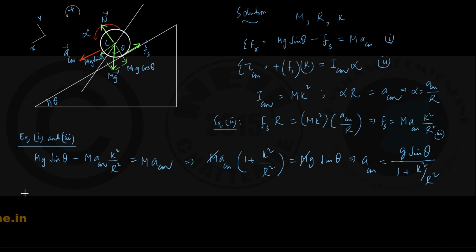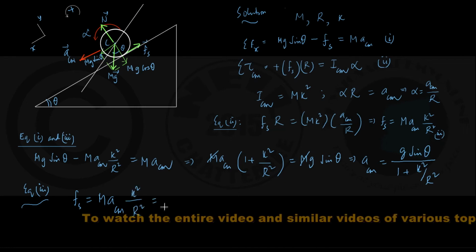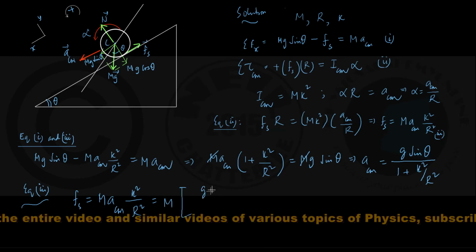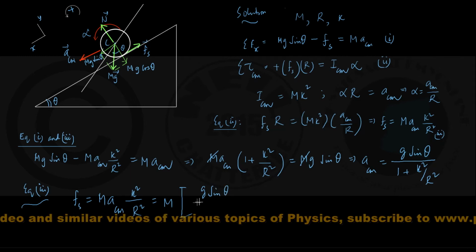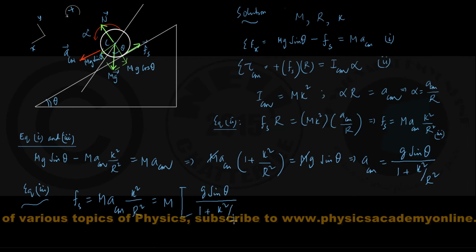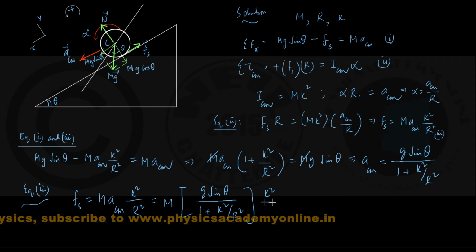So putting this last result in equation number 3, we might write down static frictional force Fs is equal to m into ACM into k square divided by r square. That is m into, let's put the value of ACM, that is g sine theta divided by 1 plus k square by r square, into outside again k square by r square.